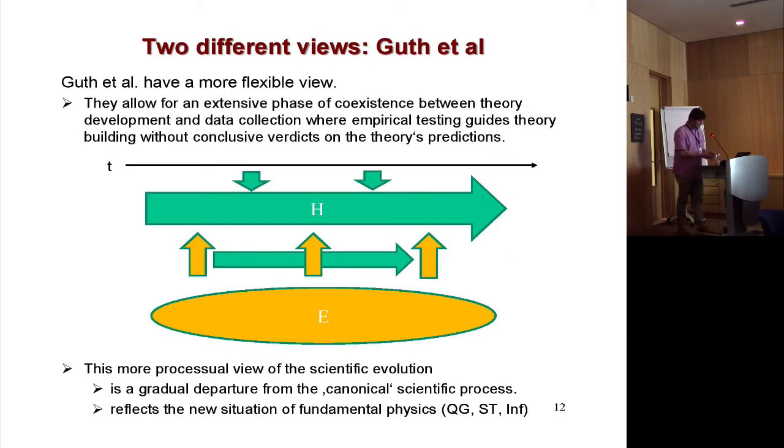Now, if we move on to the Guth et al. perspective, let's say the majority perspective among inflationary cosmologists probably, they have a far more flexible view of what the process is, right? So they understand that the theory itself is a theory in flux that develops based on theoretical input.